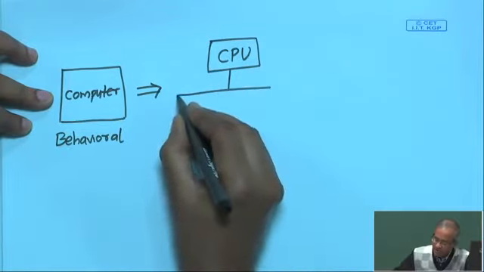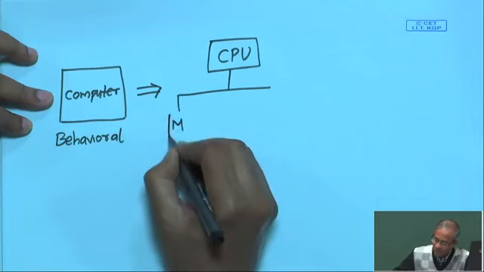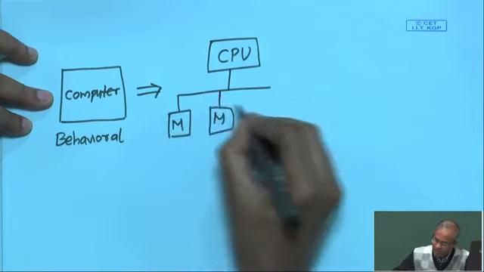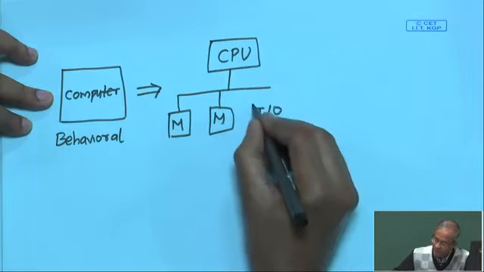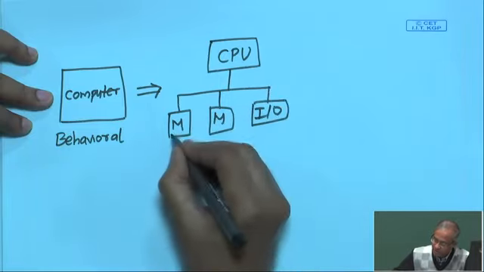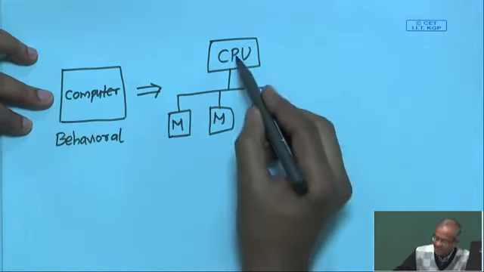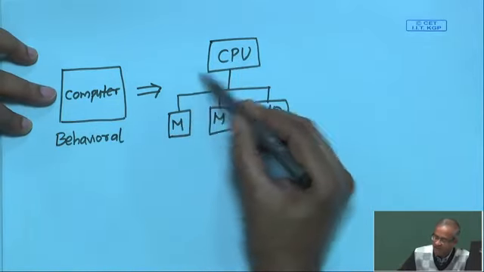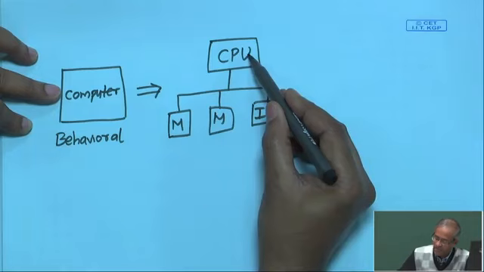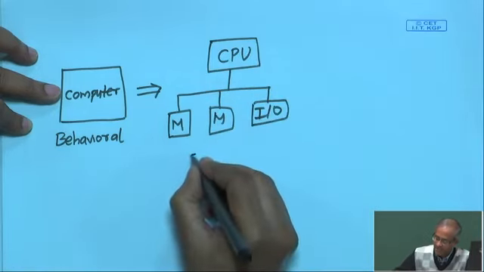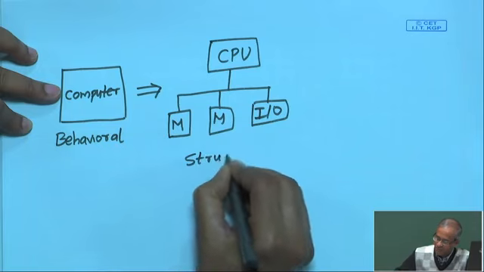It can consist of one or more memory modules and maybe an IO module, an IO processor. So, from another angle, the same computer can be viewed as an interconnection of very high level functional blocks like CPU, memory and IO. This can be your structural view.